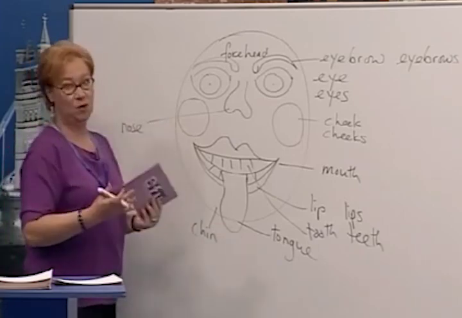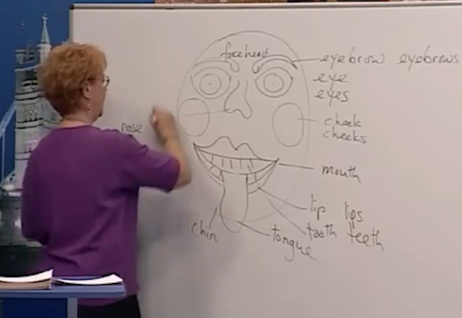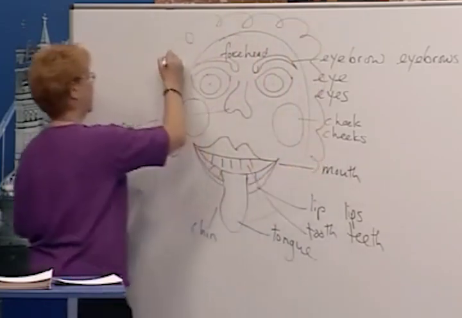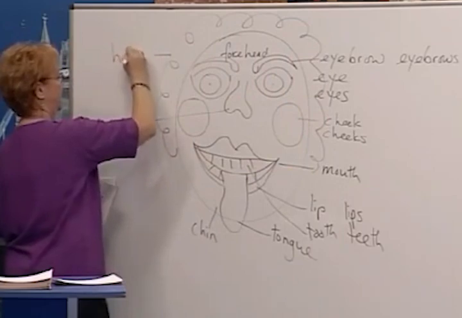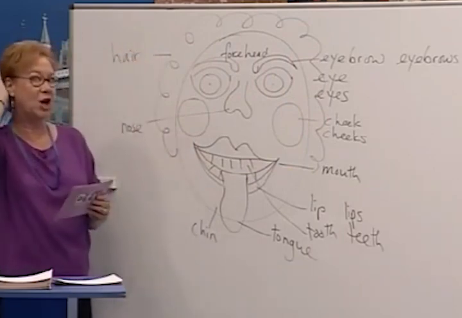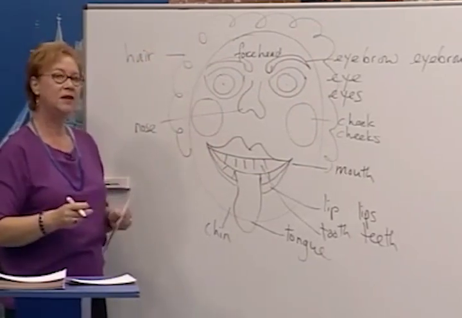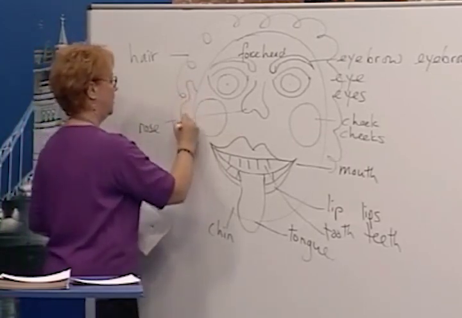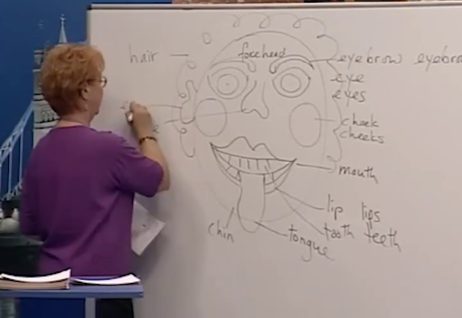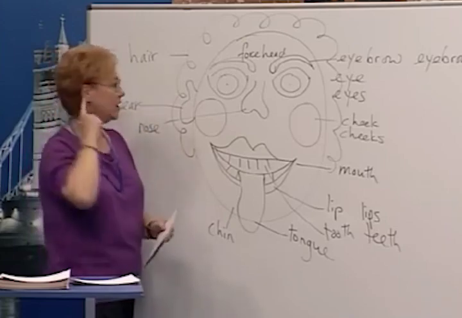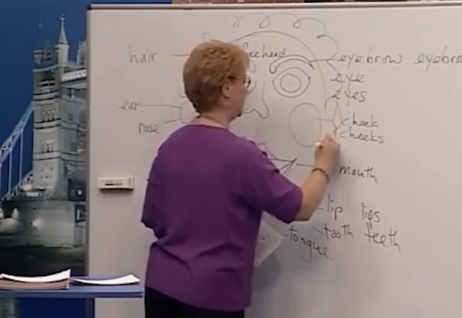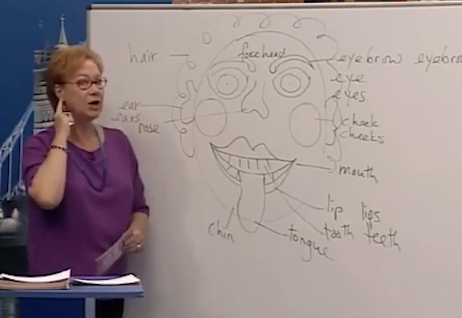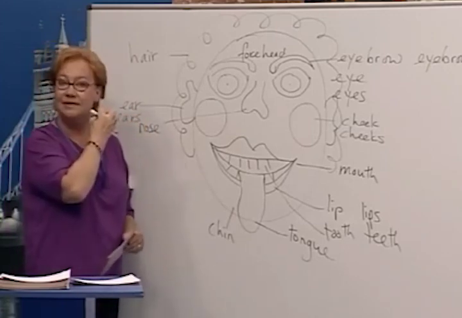After this, of course, we need hair. Beautiful hair. Okay, this is the hair. And finally, we have ears. One ear, two ears. Ear, ears.